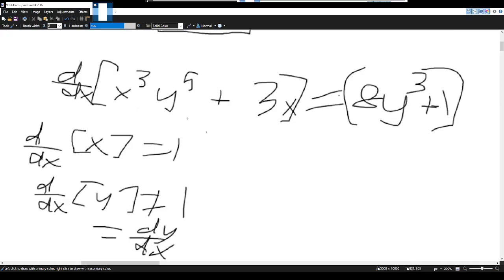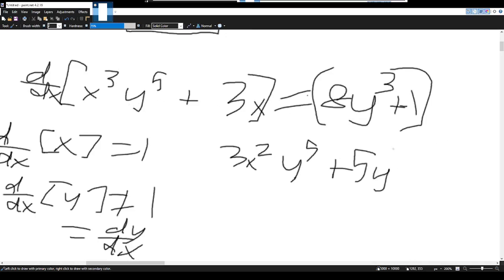But if we start here, to differentiate this, we'd have to use the product rule. So the derivative of x to the third is 3x squared times y to the fifth, plus the derivative of y to the fifth, which is 5y to the fourth.